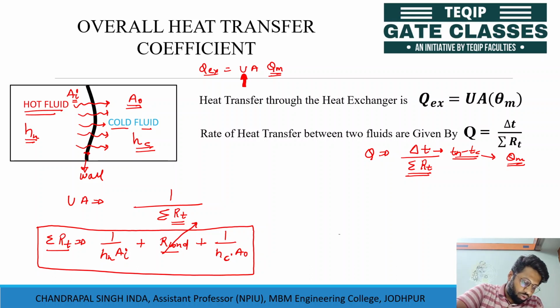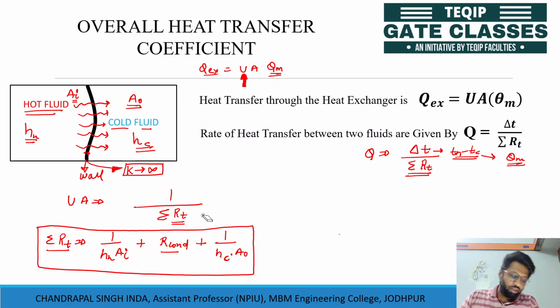Therefore we have to choose the material of the wall having high thermal conductivity, or I'm considering that it has infinite thermal conductivity, and small thickness, meaning the wall thickness is small. In that case we are going to consider this equal to 0.